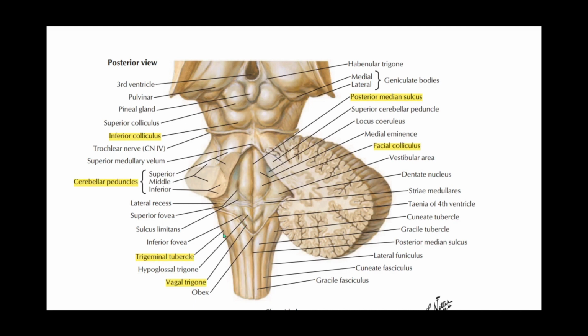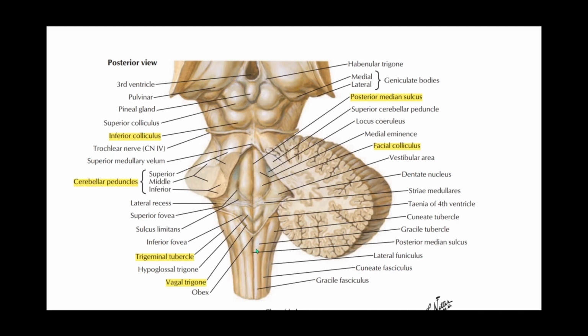Beneath it, you have the extensive origin of the trigeminal nerve. And you have the vagal trigone. Beneath it, you have the nuclei of the vagus nerve. Hypoglossal trigone. Beneath it, you have the nucleus of the hypoglossal nerve. So that's what all these elevations are, they contain neural tissues.